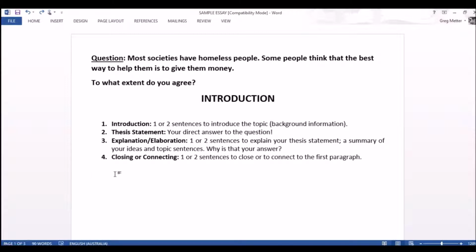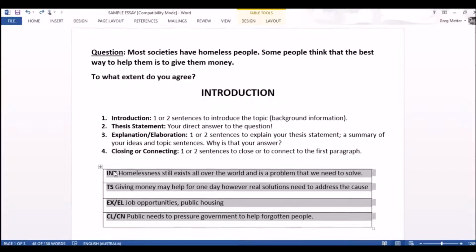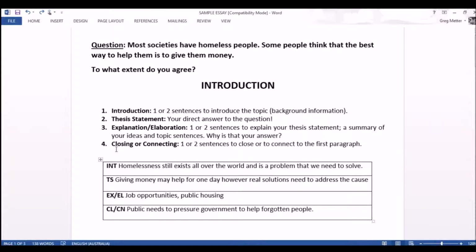And now we're going to see how we use those boxes to plan our introduction. So as you can see, I have 4 boxes. 1 box for each one of these points. The first box is for the introduction sentences, the second box is for the thesis statement, the third box is for my explanation or elaboration of my thesis statement, and the 4th box is to close or connect to the first paragraph.